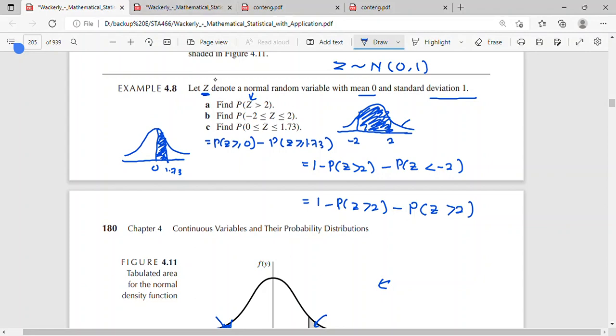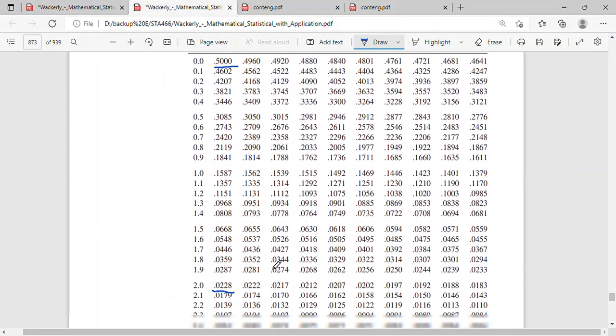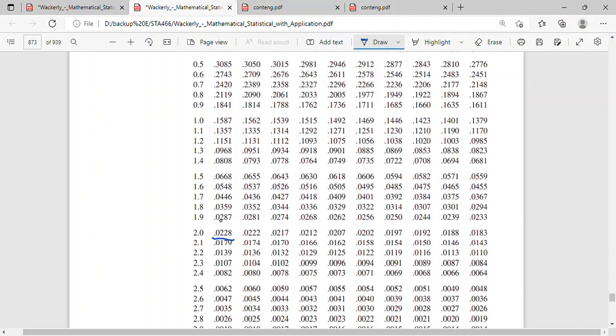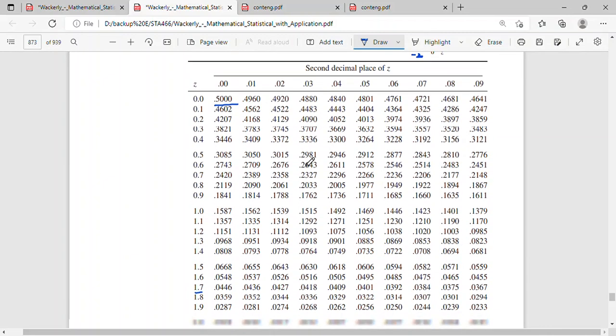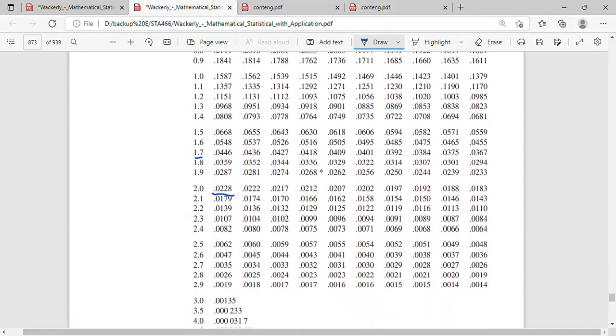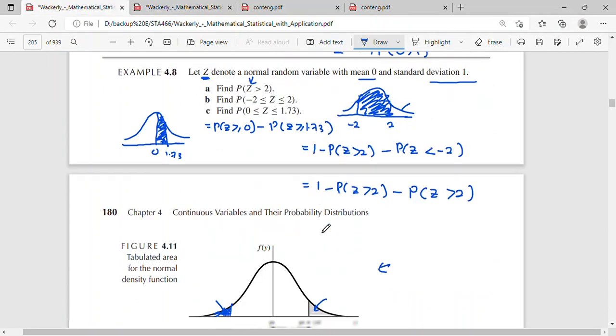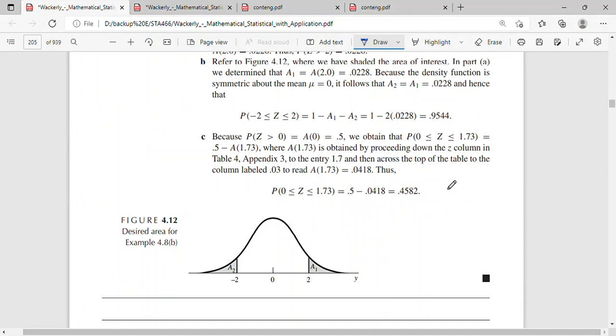Okay, so it will be 0.5 minus dengan 1.73. So, how to get that? Here is 1.7. And here, this column is 3. Okay, so this is the value. So it will be 0.5 minus 0.0418. Okay, so you will get this.